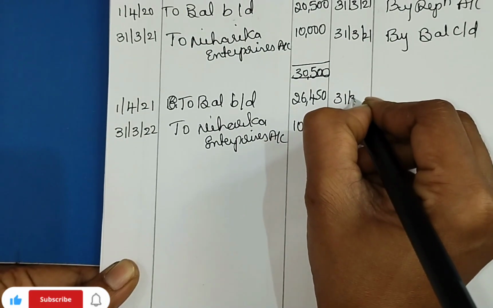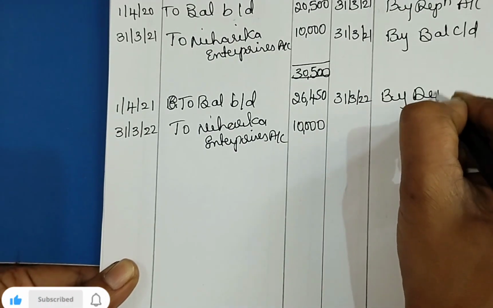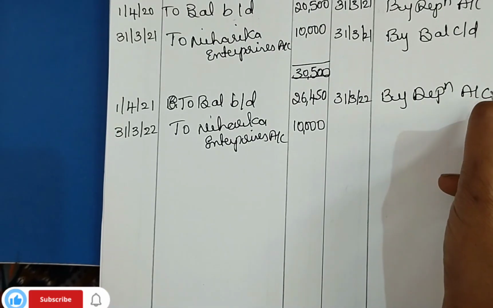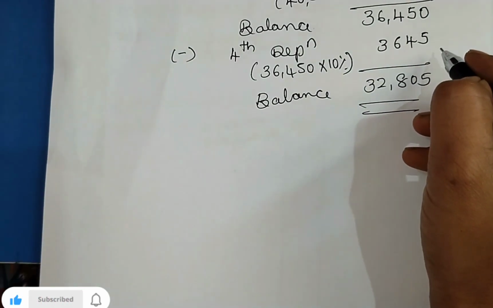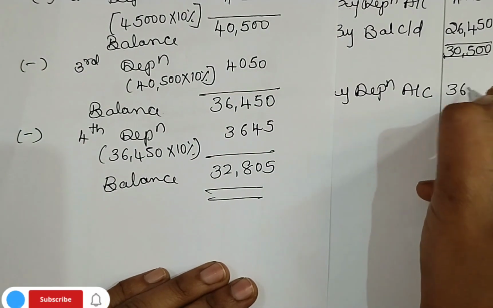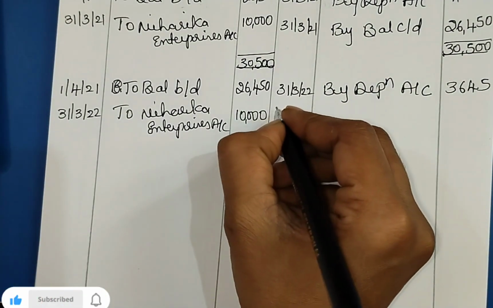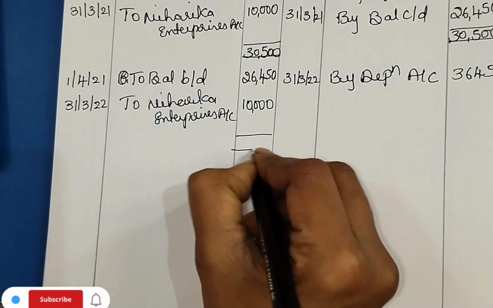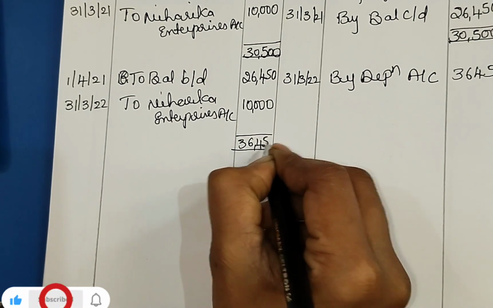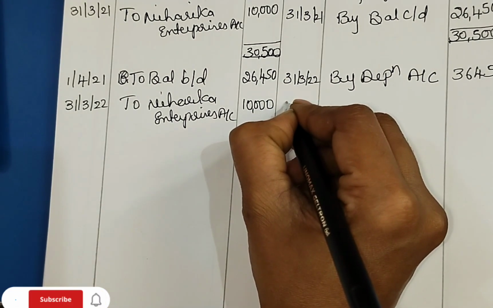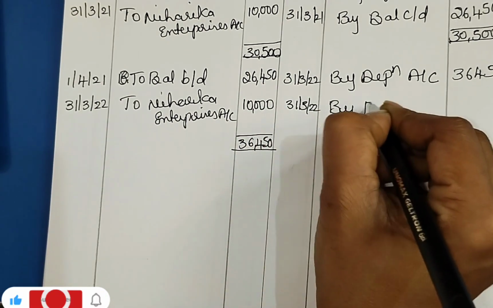On 31st March 2022 by depreciation account. Depreciation is 3,645. Right. This is the depreciation, and the closing balance is 26,450 plus 10,000 is 36,450. Here we are closing on 31st March 2022 by balance carry down.